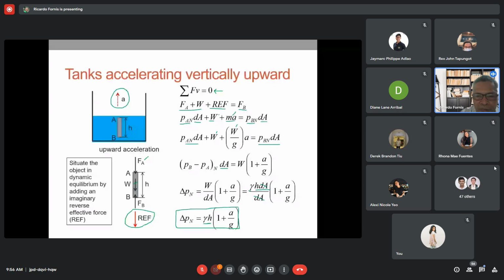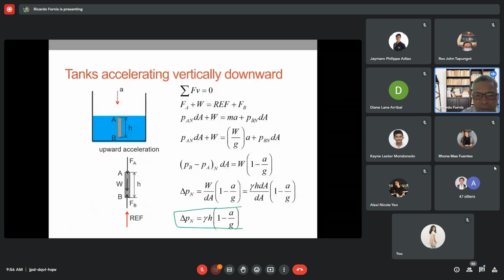You just change the plus to minus, meaning the difference in pressure will decrease if the tank accelerates downward. I hope that's not difficult to understand.